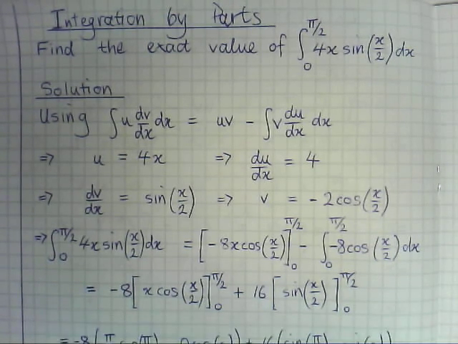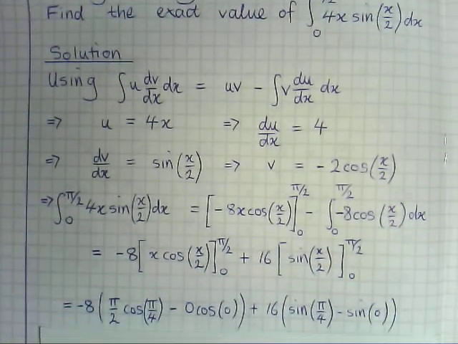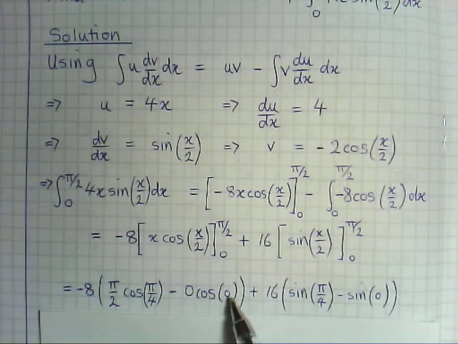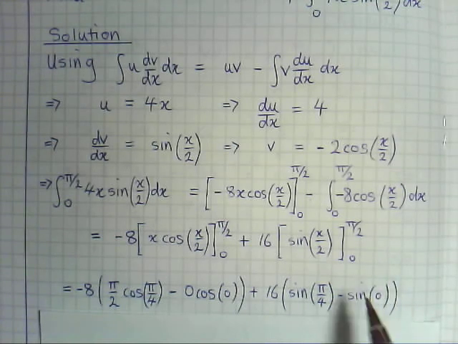So for the next line, what we can do is start substituting in these values. Now, cos of 0 is 1, but it's being multiplied by 0, so this term's going to disappear. And sine of 0 is 0 itself, so this term is going to disappear.